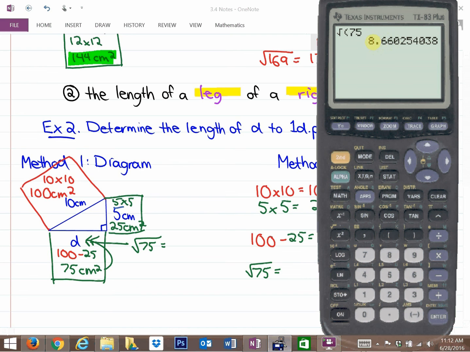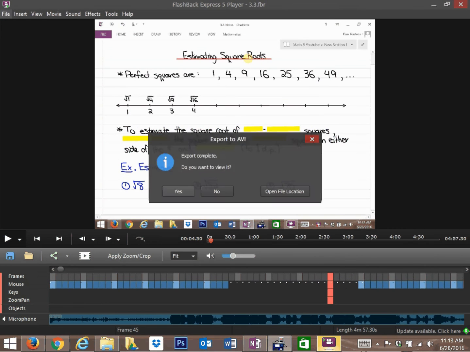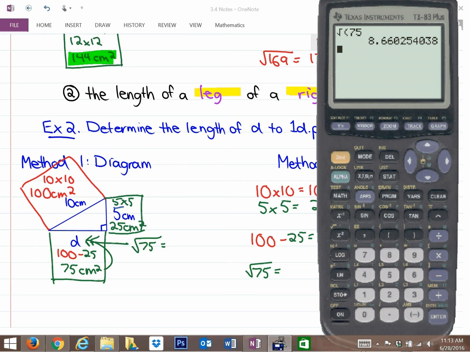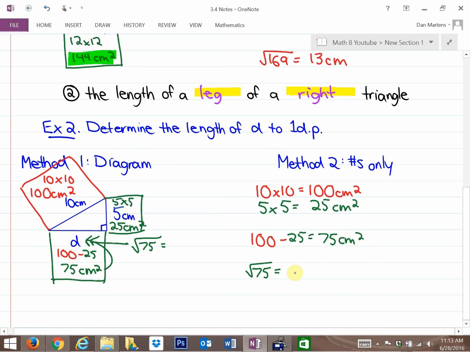So if it wants one decimal place, it's going to be 8.7 because that 6 rounds up to a 7. So that's how this particular question is approached. So that is 8.7 centimeters. And there we go.